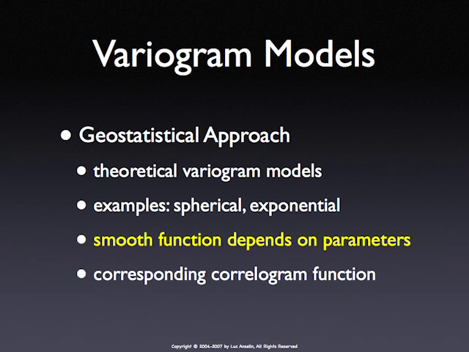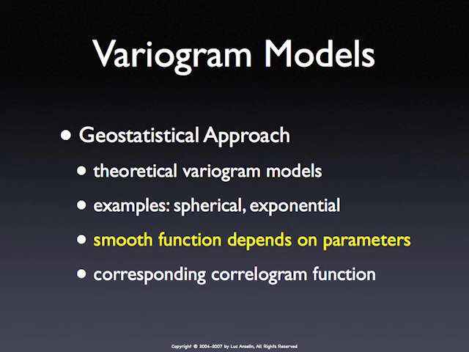The upshot of it is that a theoretical variogram model is a parametric function that has both distance in it as well as some parameters that need to be estimated from the data. The typical parameters that are estimated are the range and then the variance of the process, which is often called the sill. So these are the kinds of things that you get from the data.